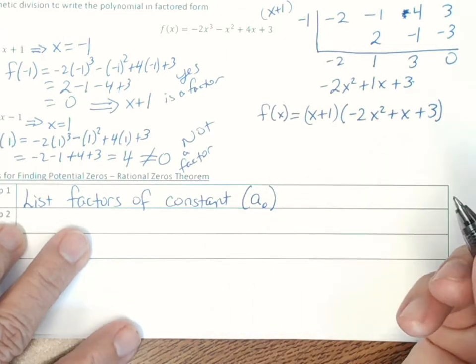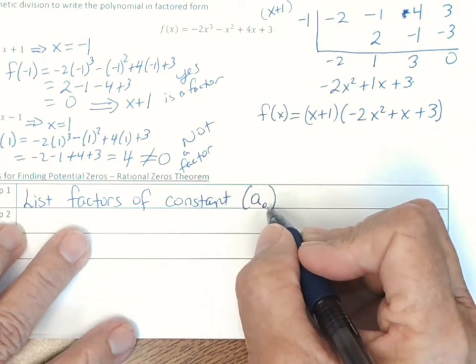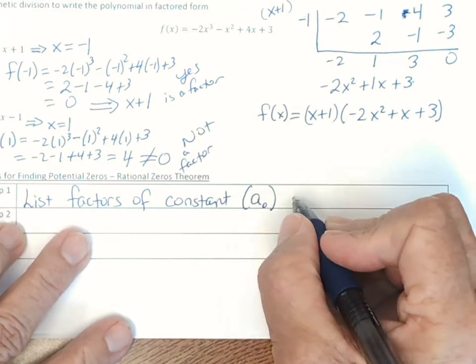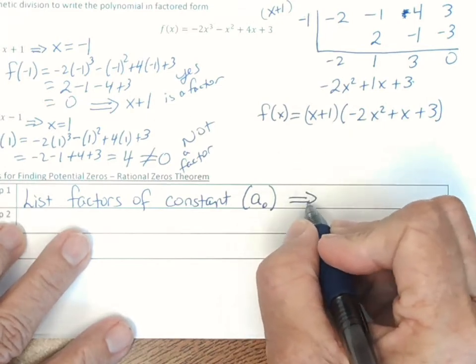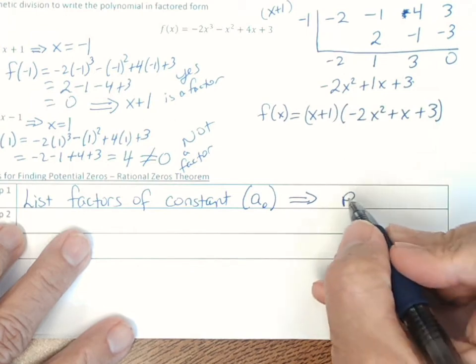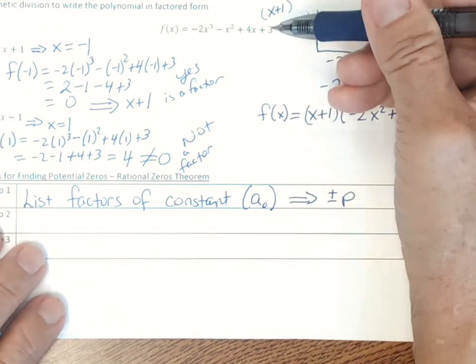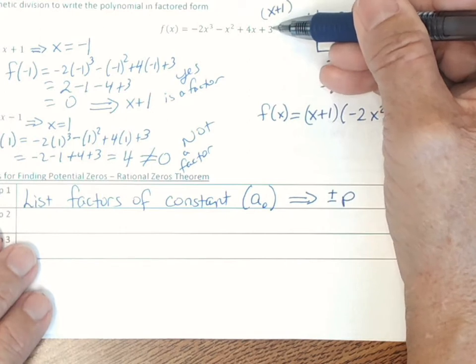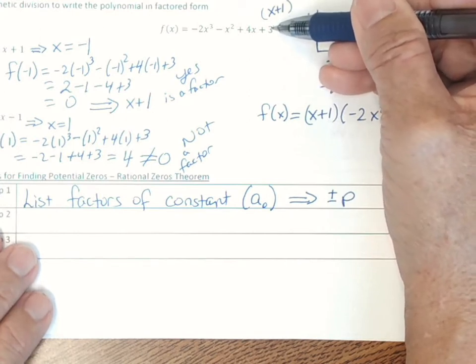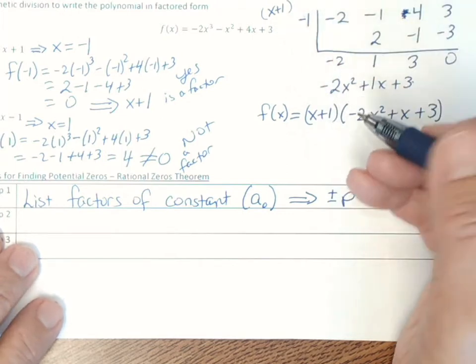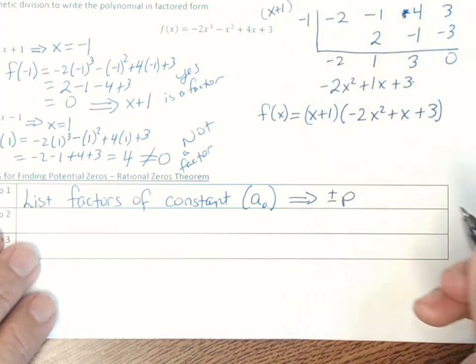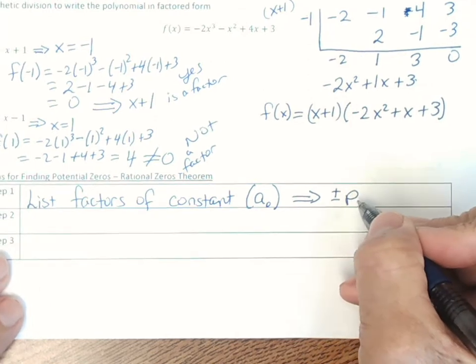Feel free to use that if you want, but it's a subscript there, a sub 0. And we're going to call these p. And of course, there are positive and negative factors. So for instance, for 3, we have factors of positive 3 times positive 1 or negative 1 times negative 3. So those would be the factors. Those represent my possible values for p.